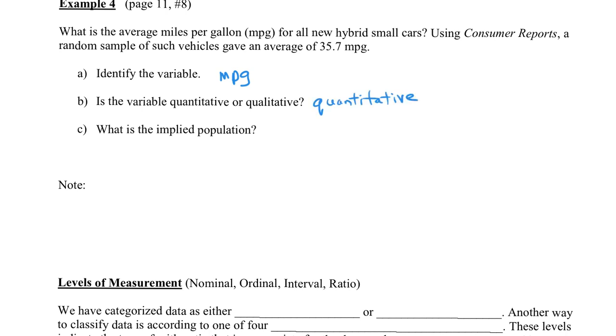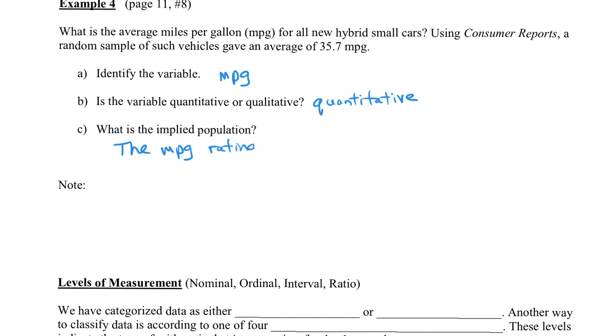And then finally, what is the implied population? I'm going to write the implied population in the way that our authors would do it. In other words, I'm going to mention the variable, miles per gallon. The way our authors would do this, they would say it is the mile per gallon rating, right?